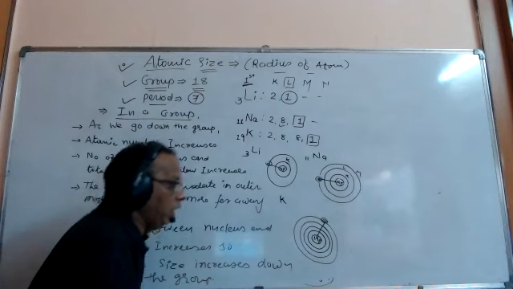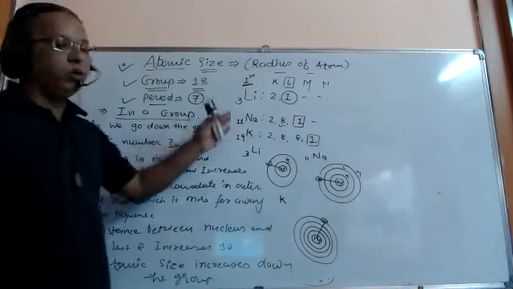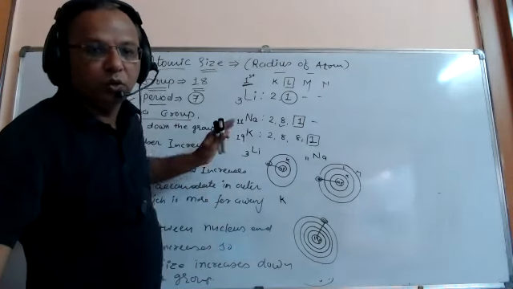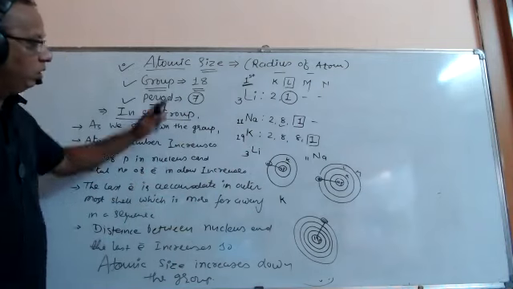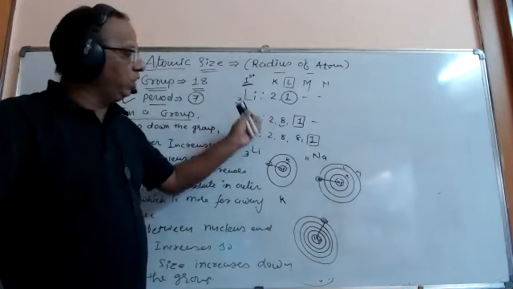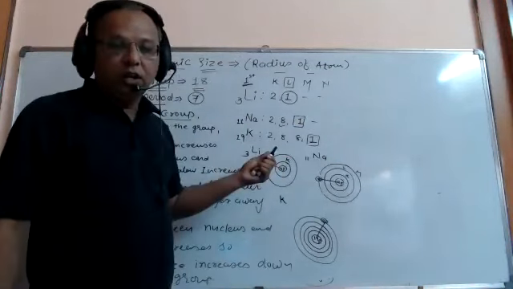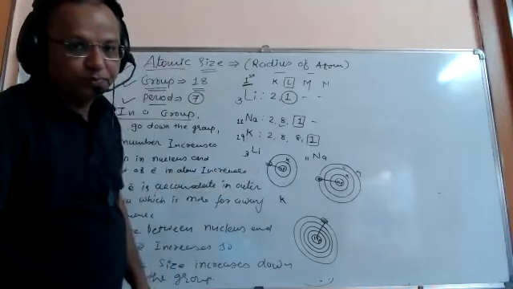This is equally applicable to all the groups. Here we have taken only group number 1, friends, but this is applicable to all groups equally. As we go down the group, with the same type of electronic configuration and changing only the number of electrons a little, it will increase in size as we go down the group.